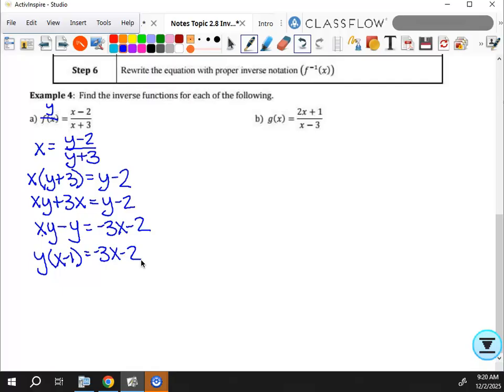Then, what can I do now? Divide. So then y equals negative 3x minus 2 over x minus 1. So my answer then would be that f inverse of x is equal to negative 3x minus 2 over x minus 1.